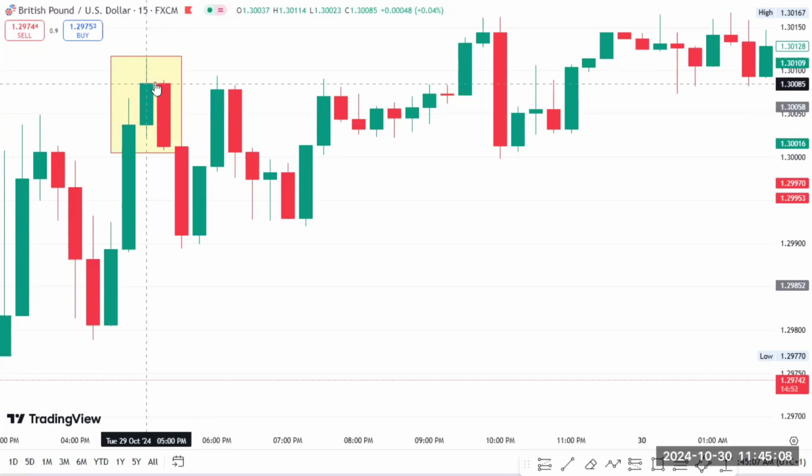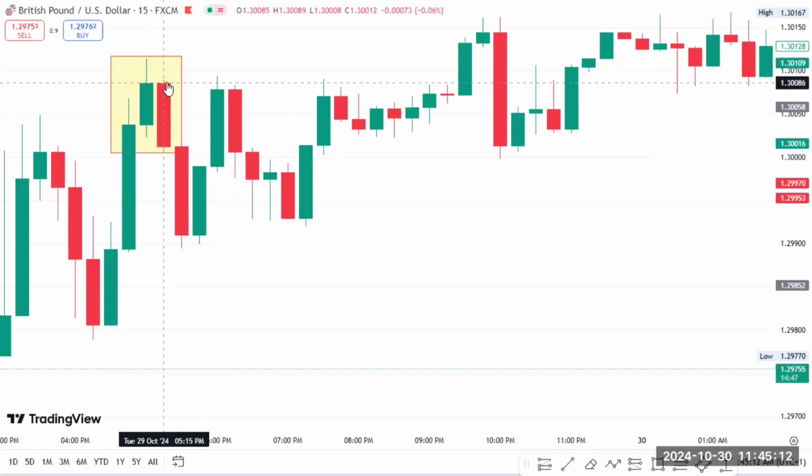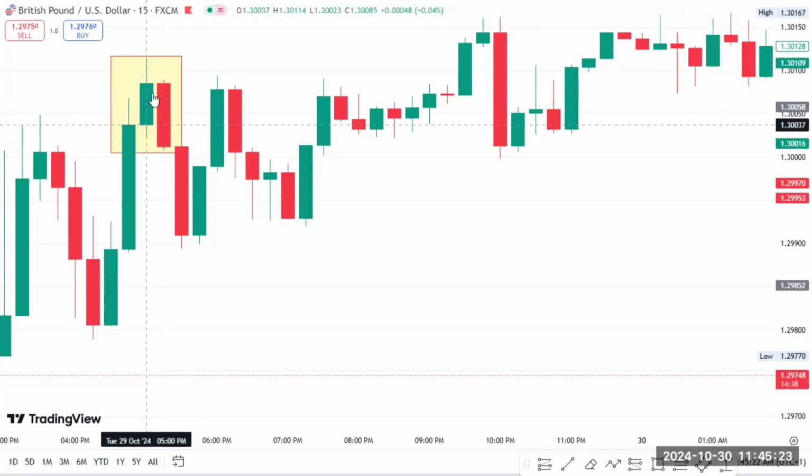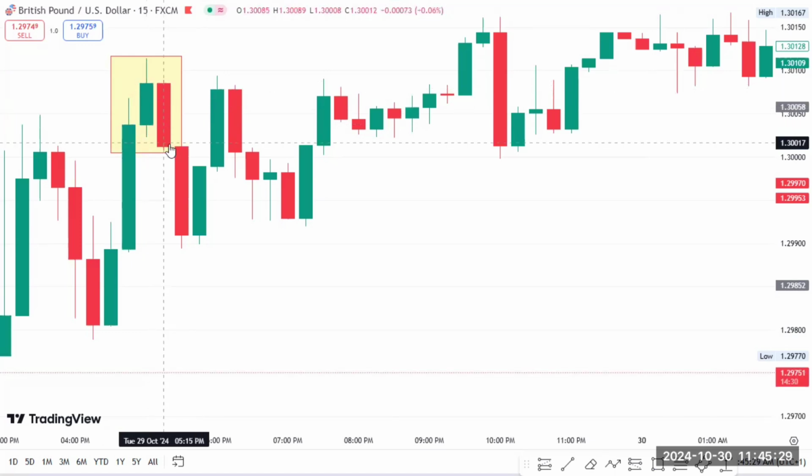However, as soon as it closed, the next time frame began forming the next candlestick. And then this one opened here and then pushed down until it engulfs the whole body. Now we are interested in the body of the previous candle being engulfed completely, being covered by the next candle. That is what is referred to as an engulfing candle.